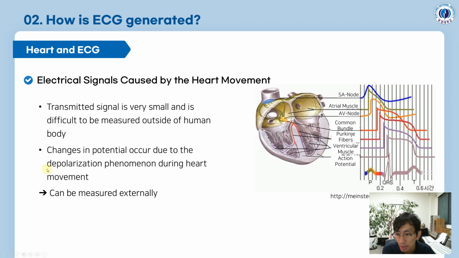So you see the terminology here, depolarization. And this depolarization means that our body is in an electrically stable state when we do not move. When we do not move at all, then electric charges are stable and do not change much. And if it does not change, we can say there is no signal.